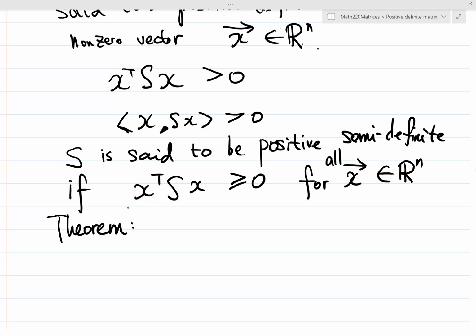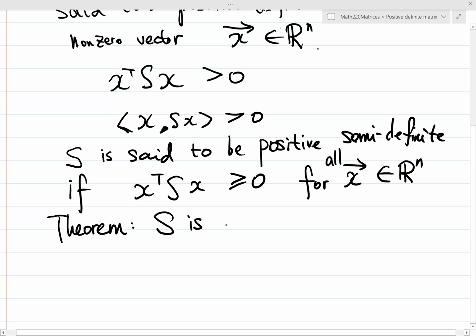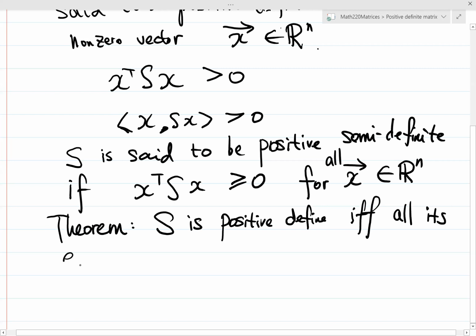S is positive definite if and only if, you see the iff, this means if and only if, so it's equivalent, if and only if all its eigenvalues are positive.